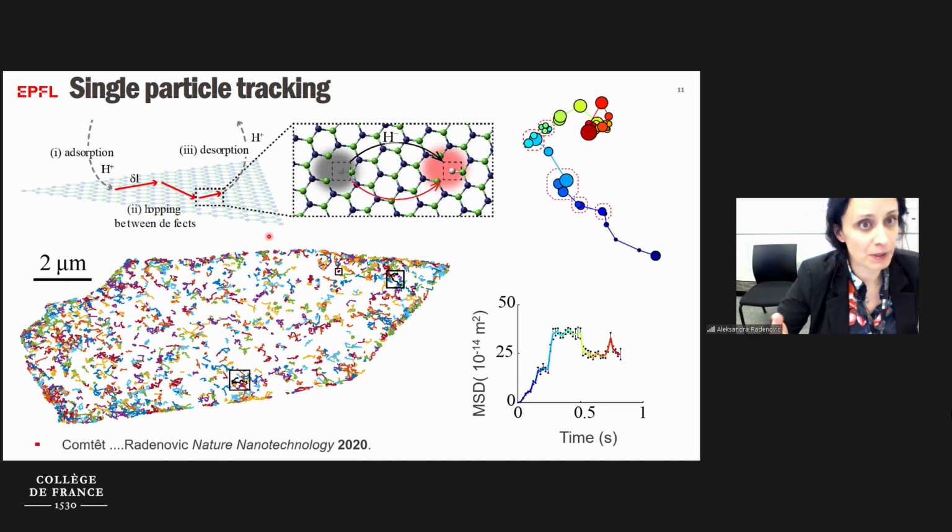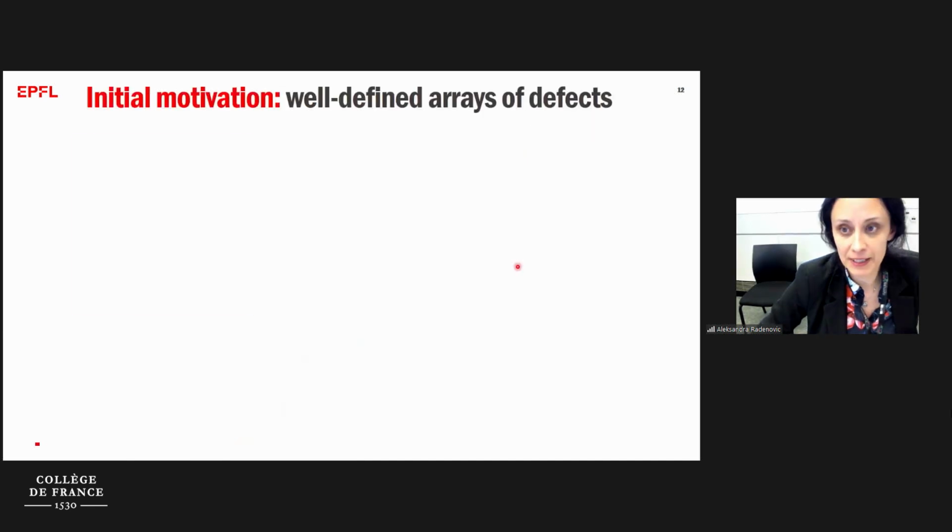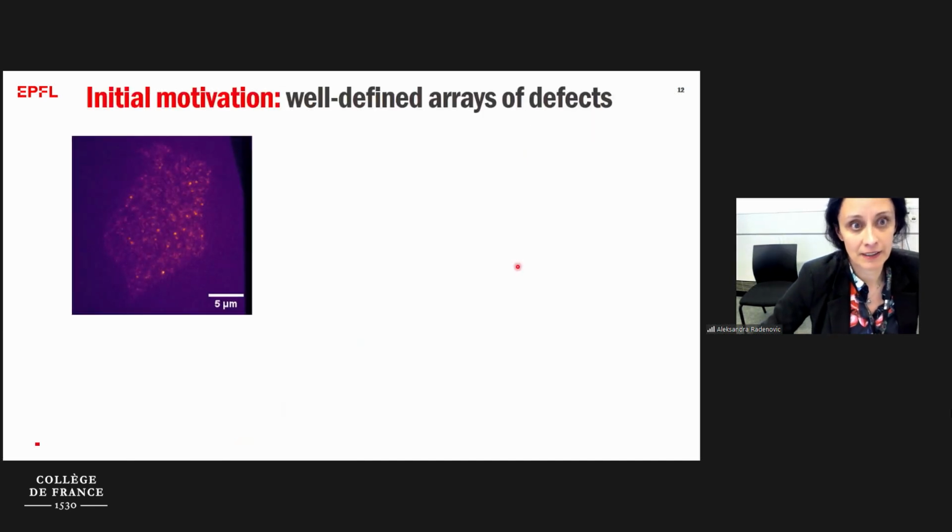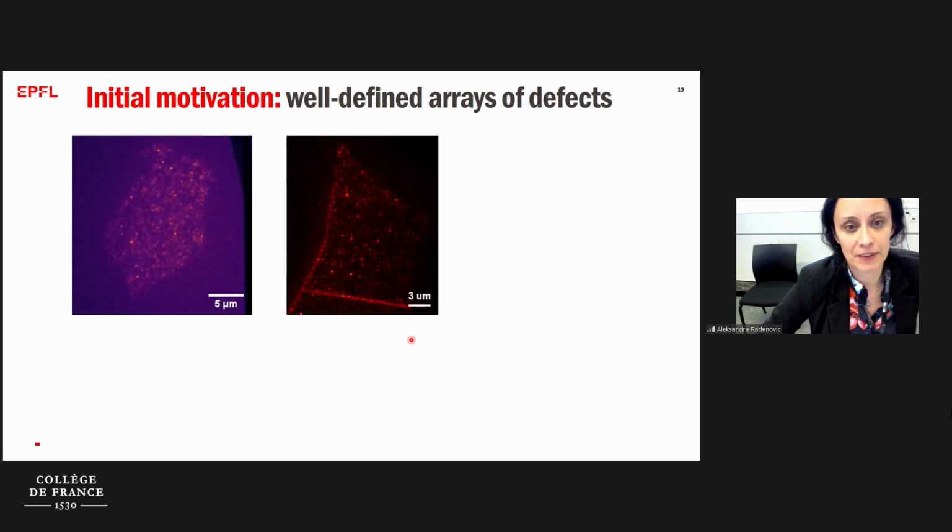But for this particular problem, having deterministically defined arrays of the defects would maybe be beneficial in order to study this hopping behavior that we see in these materials.